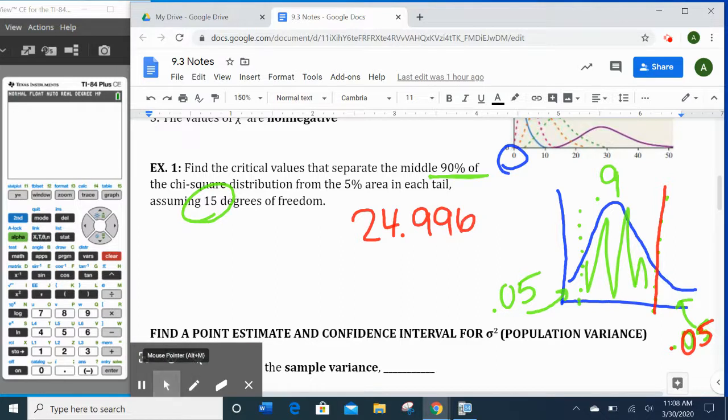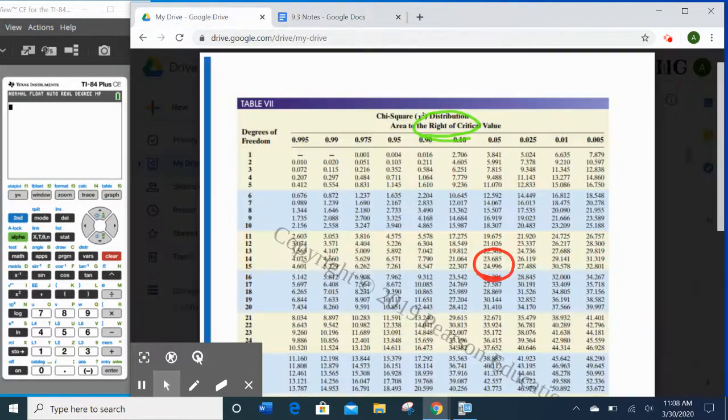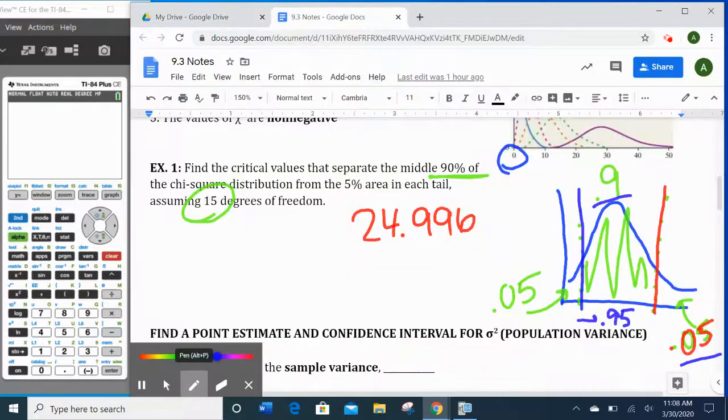And then what color should I use for the next one? Let's do blue. For this critical value, the area to the right is this 0.9 plus this 0.05, so the area to the right of this critical value is 0.95. So I'm going to use the chart still with 15 degrees of freedom, where the area to the right is 0.95, and I get 7.261.